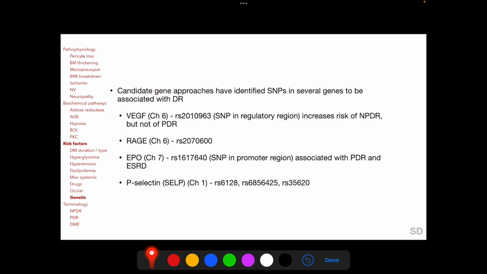Candidate gene approaches have identified single nucleotide polymorphisms in several genes such as VEGF, receptor for advanced glycation end product, erythropoietin, and E-selectin to be associated with diabetic retinopathy.